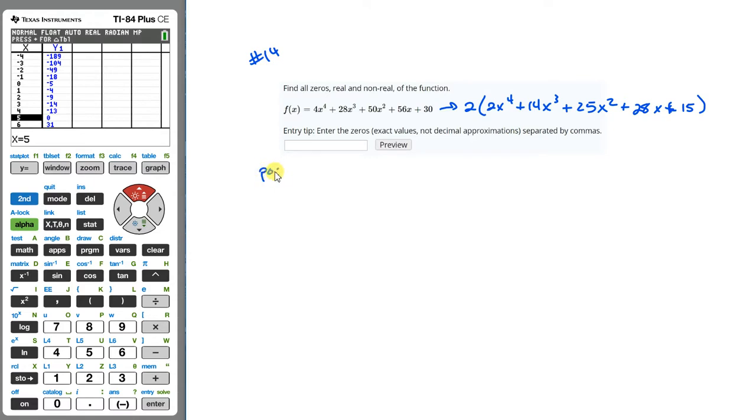My potential rational zeros are going to be factors of the 15: 1, 3, 5, and 15, over factors of the 2: plus or minus 1, plus or minus 2. So my rational zeros are going to be either whole numbers because of the 1 on the bottom, or halves.